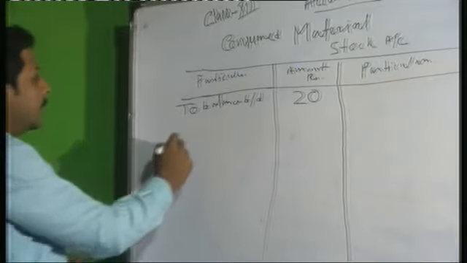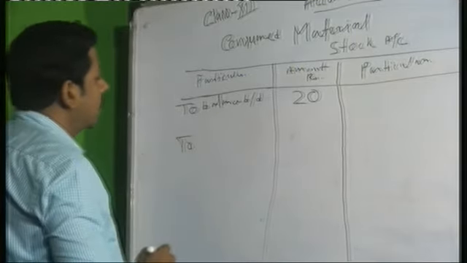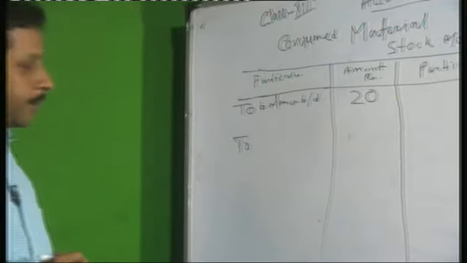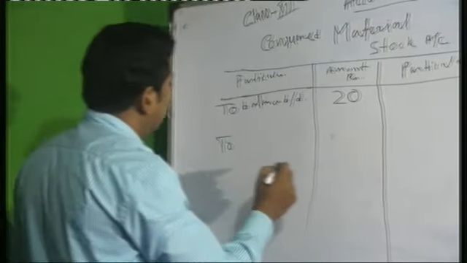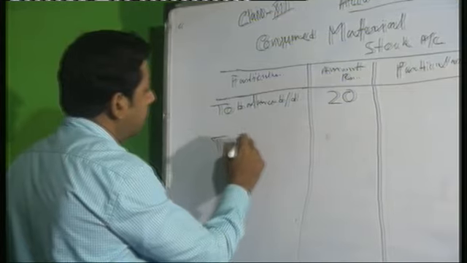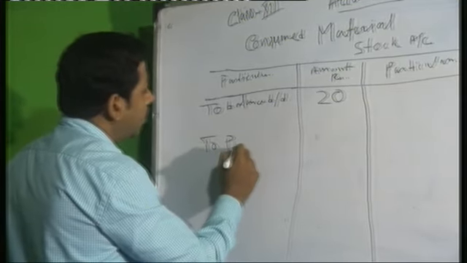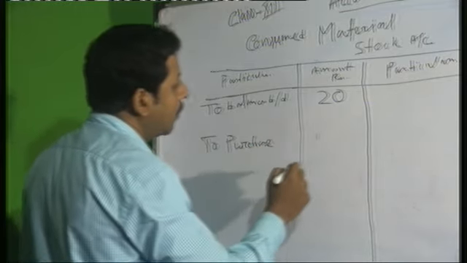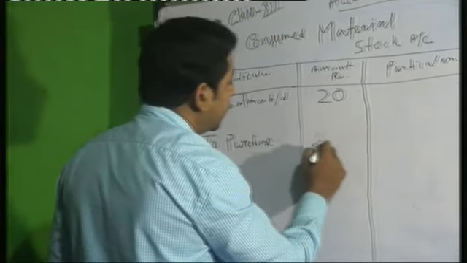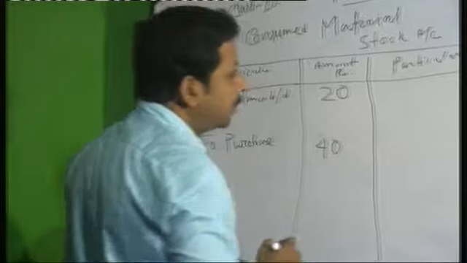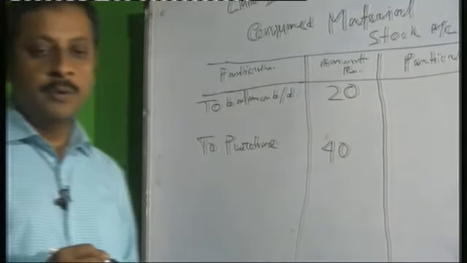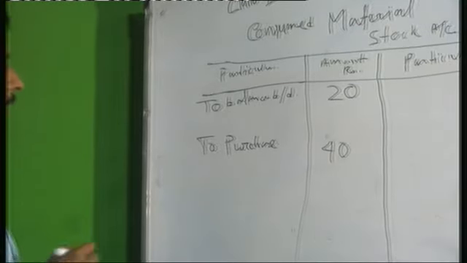Then during the day you purchased 4 chocolates again. So purchase of how many chocolates? 4. That means 40. If each of them is priced at 10, then the cost of 4 chocolates will be 40.